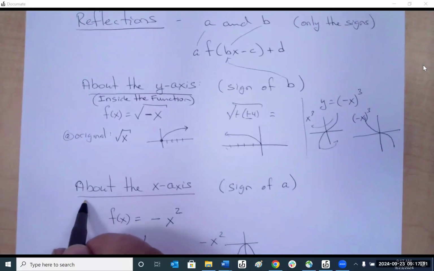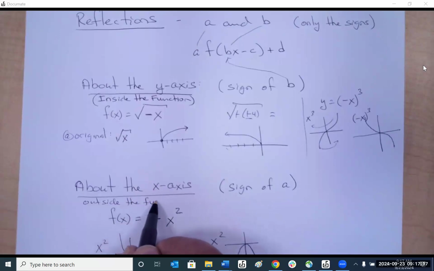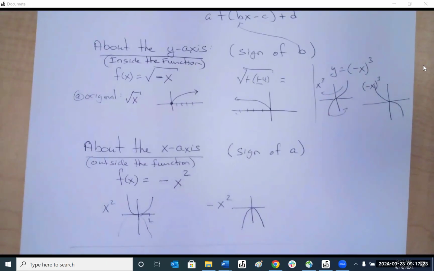And this one is outside the function. So it all depends on where the negative sign is.